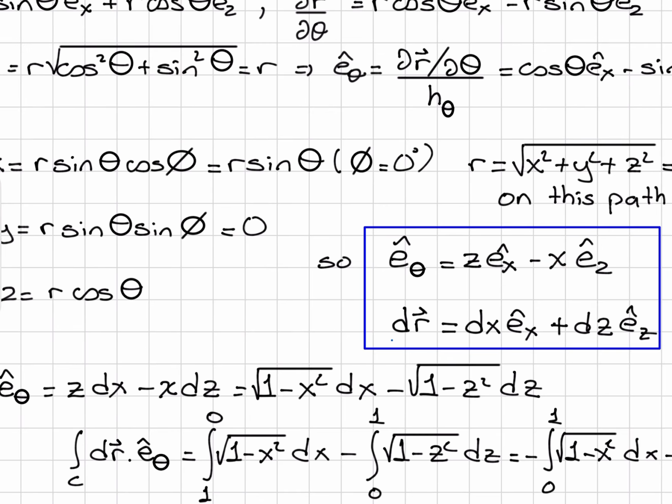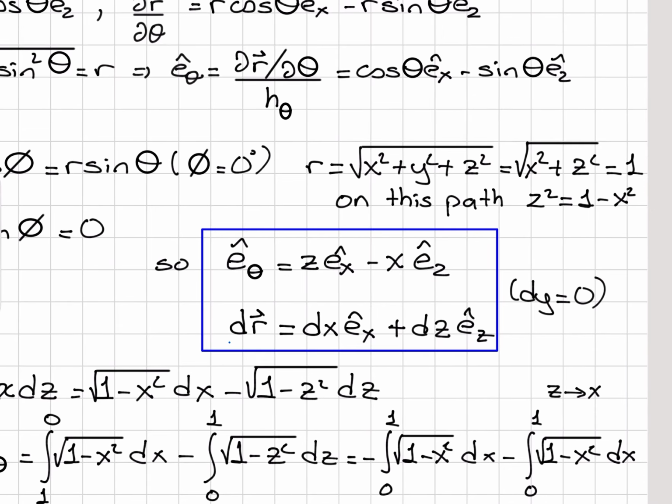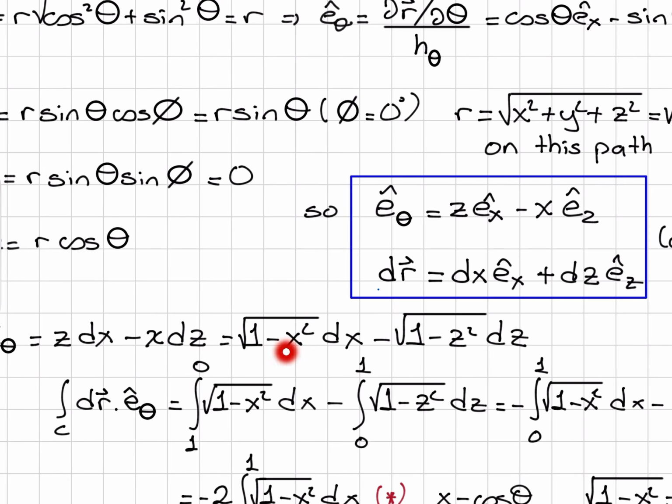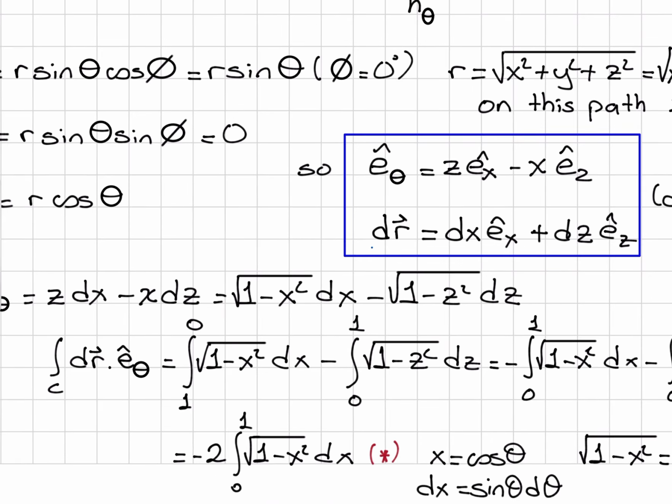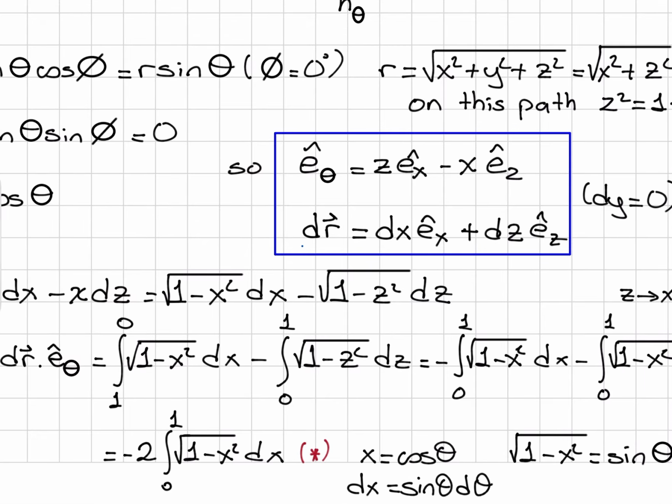And this gave me, since z is equal to square root of 1 minus x squared dx and x is equal to square root of 1 minus z squared dz, x goes from 1 to 0, z goes from 0 to 1, which means this is minus integral from 0 to 1 square root of 1 minus x squared dx, and the other one is the same.